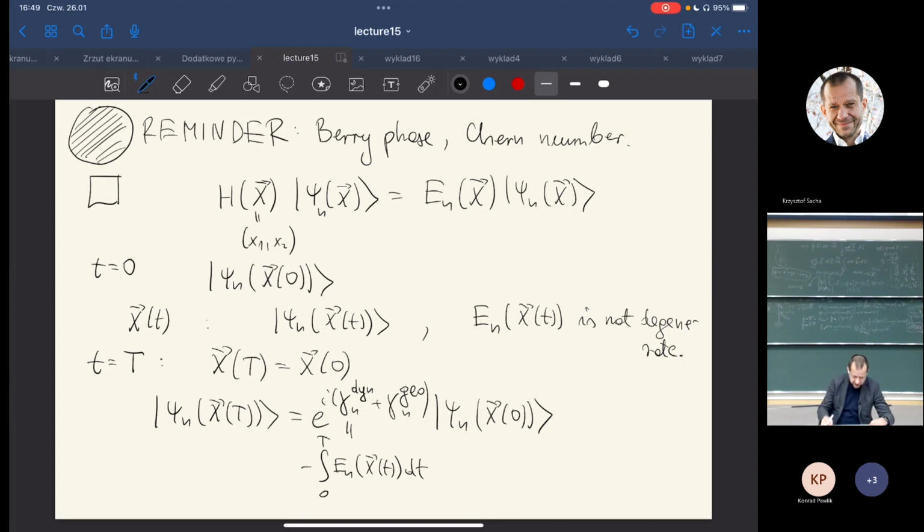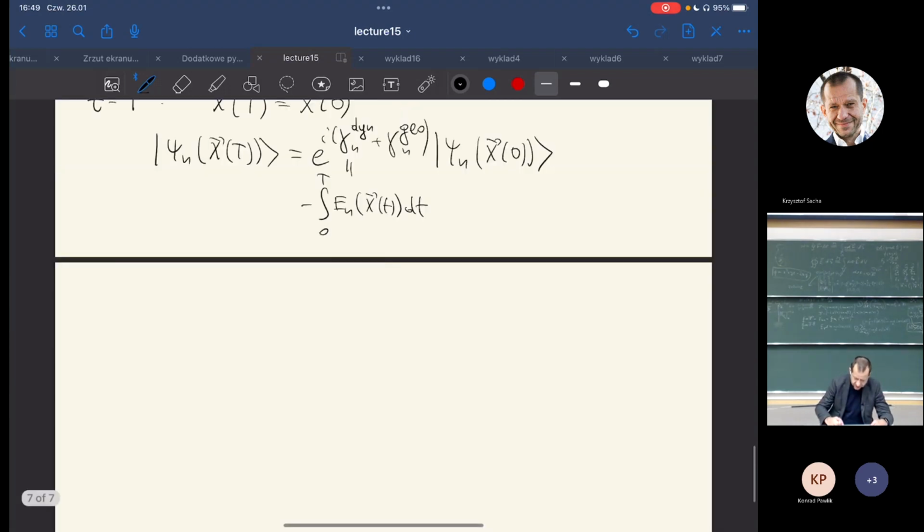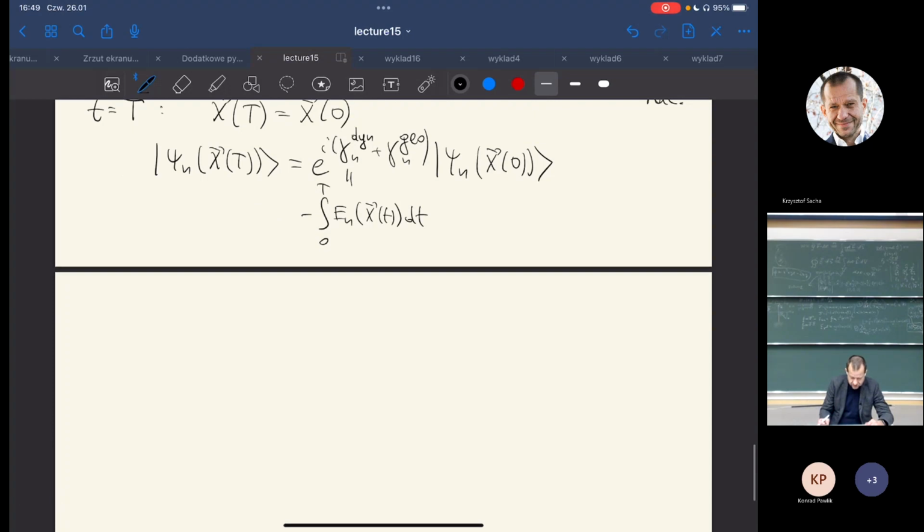So that's a natural dynamical contribution. But there is a second contribution.